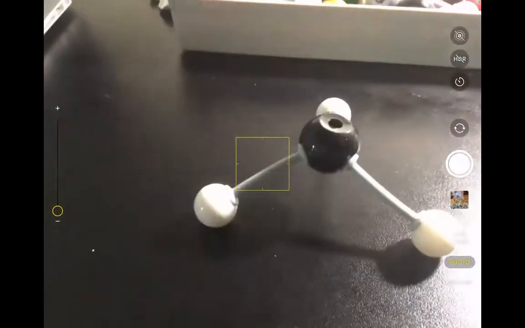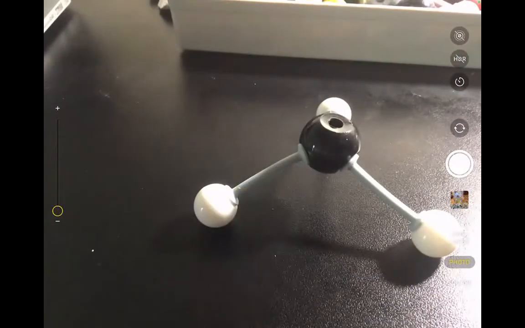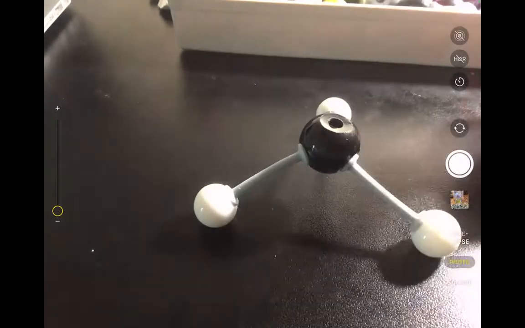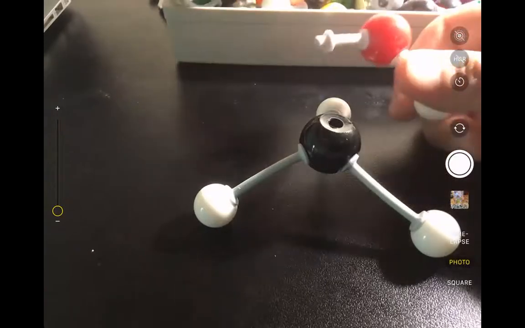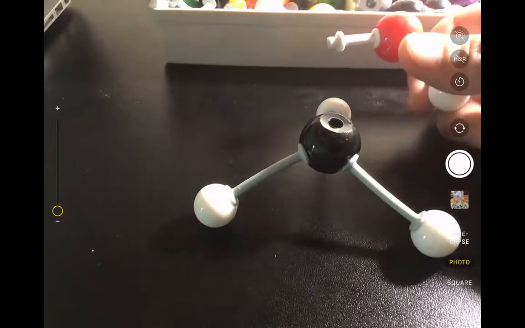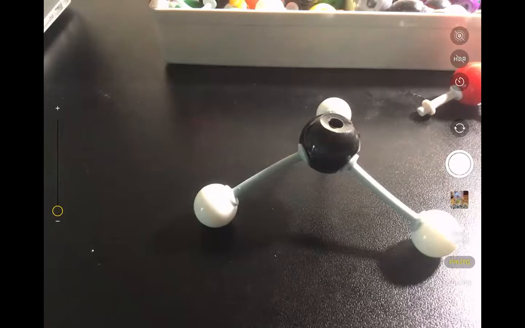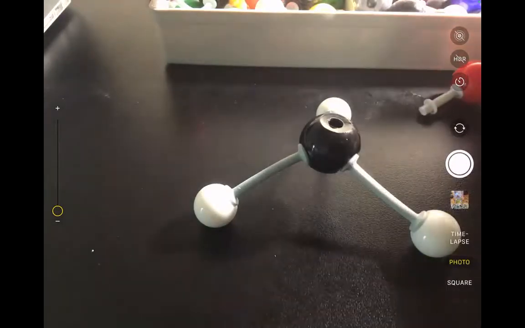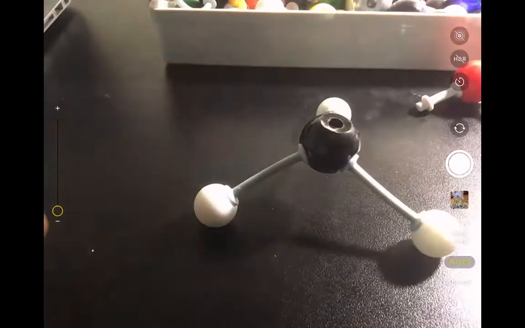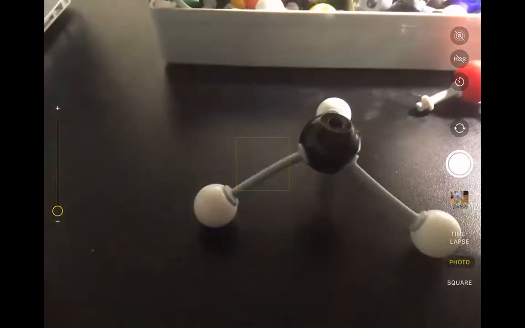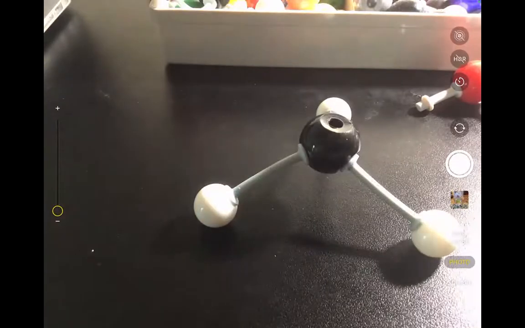Here I already have 1 black sphere and 3 white spheres. So I think I already have it pre-made. Let's switch some stuff out here. Sorry, trying to figure this out. So I just need a long bond.